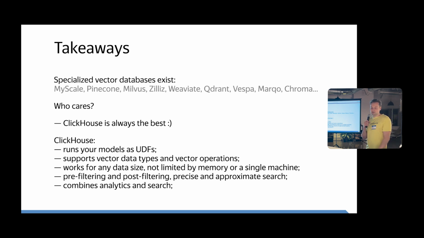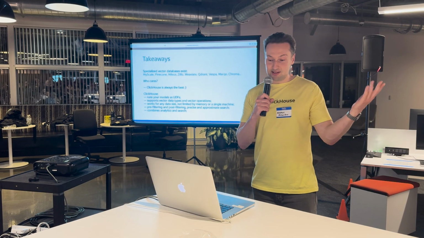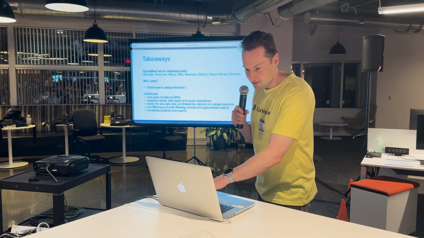You can store multiple embeddings, multiple vectors. It works for any data size, not only for just millions of records, but billions of records. It is not limited by memory. It can scale out. It supports object storage. So you can do everything in ClickHouse. You don't even need specialized databases.